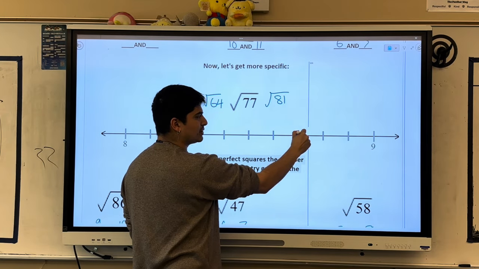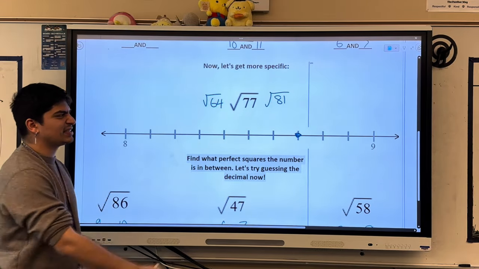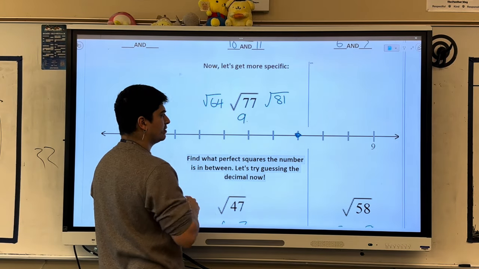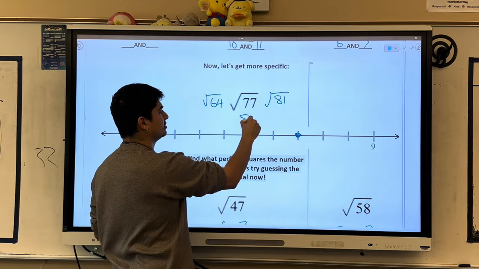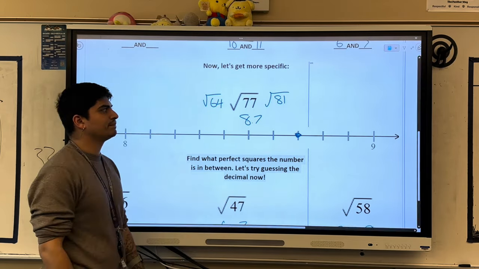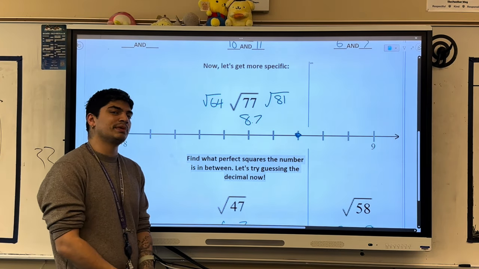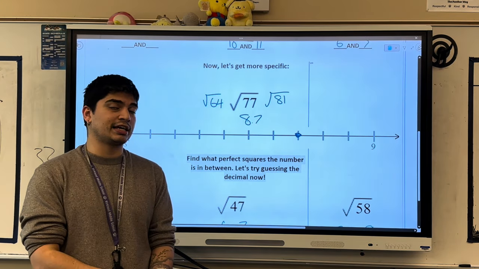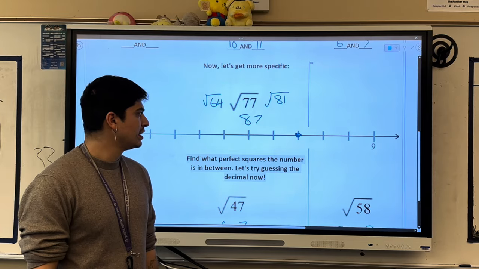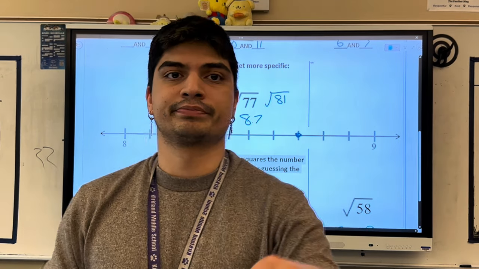I would say it's closer to 9, meaning that I'm going to give it something like roughly 8.7. You might even be able to say maybe 8.8. But that's estimating. You're taking a good, educated guess and understanding between square numbers to say what is a realistic number that it could be without factoring.